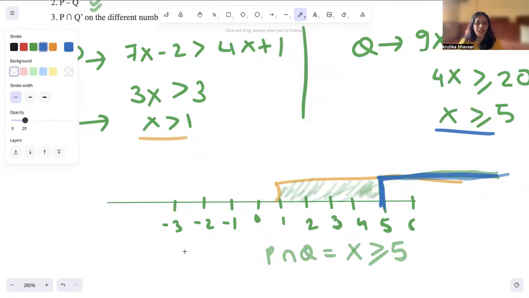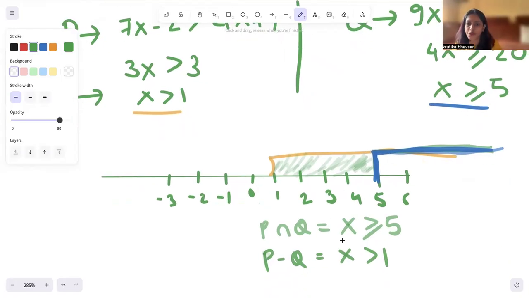Okay, what is actually P minus Q for you guys? It is all the values of x which are greater than 1. But there is one limitation, that it cannot be equal to 5.